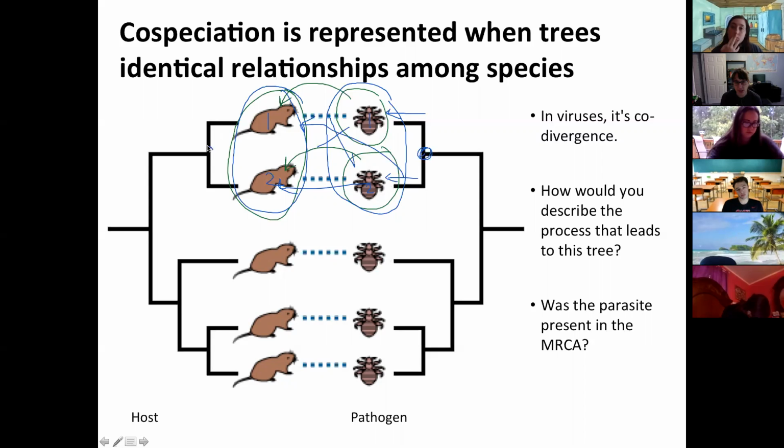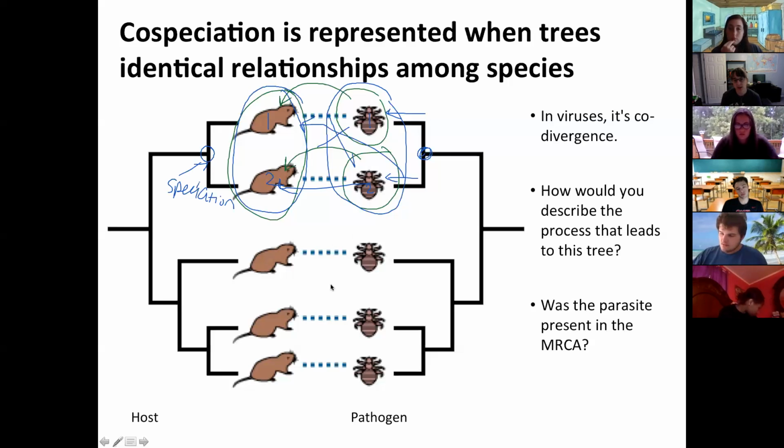So in a phylogeny, typically when we have this node and then we get 2 species coming off of the tips, this node would represent speciation. So that means that at the same time host 1 and 2 became species, parasites 1 and 2 became species. Does that make sense, Madison?